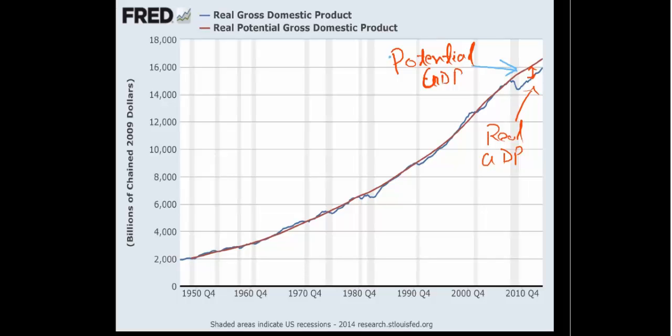We can have the other way around. We have a situation right around the end of the 1990s, when our actual GDP was more than potential GDP. You may ask, how can actual GDP be more than potential GDP? Well, this can happen.